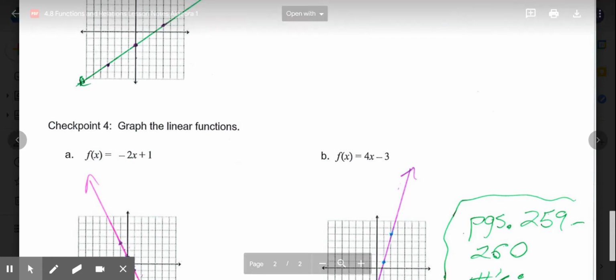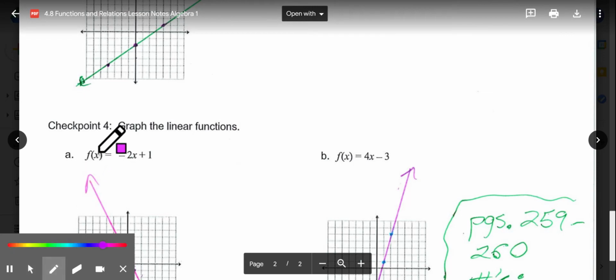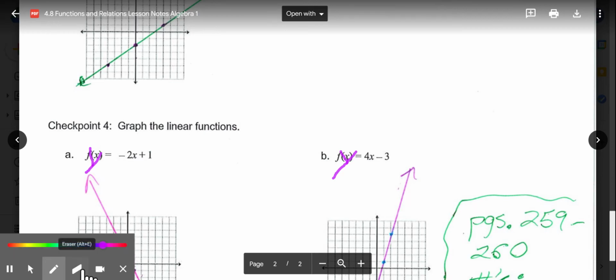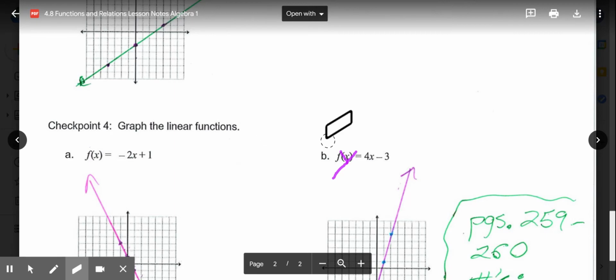So you'll notice instead of having a y on this side and it being in slope-intercept form of y equals mx plus b, function notation is simply the f of x replaces the y.